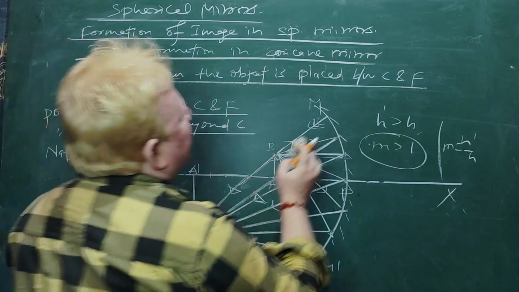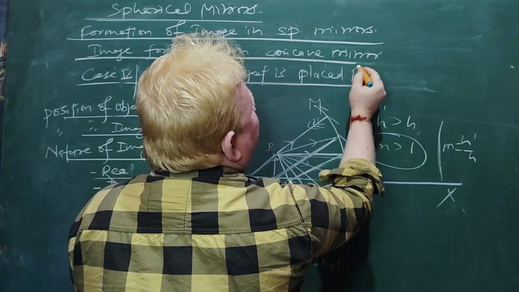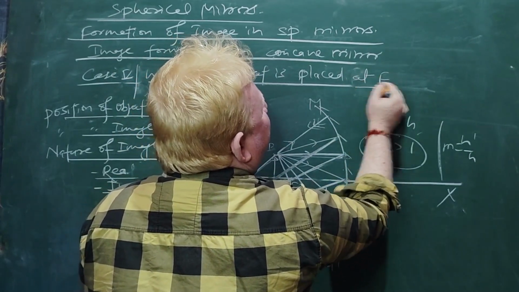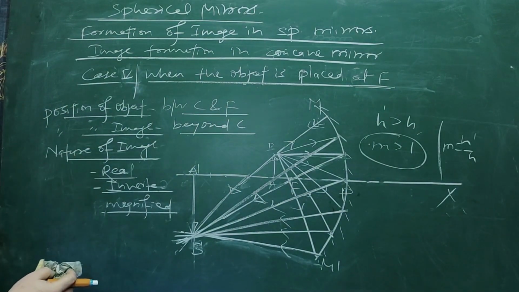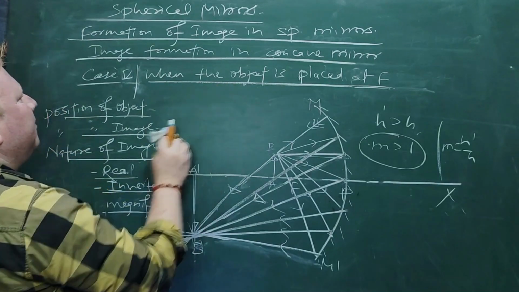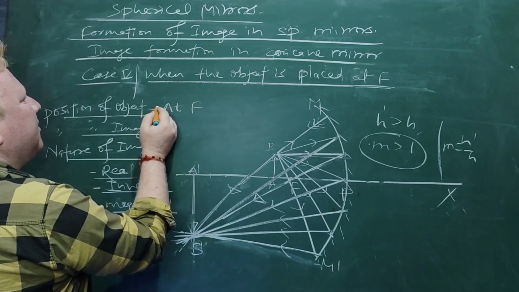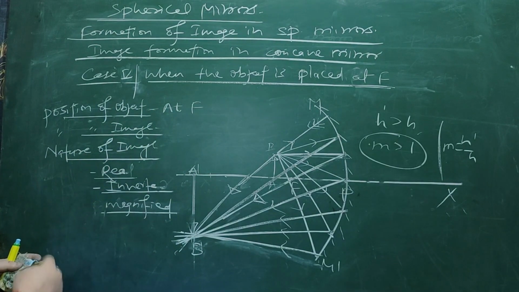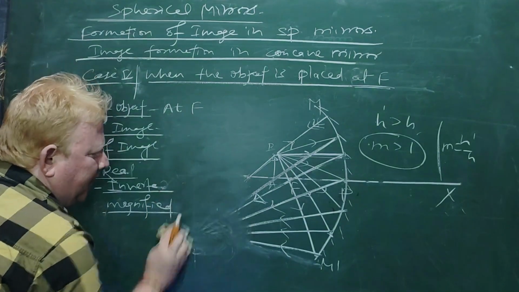So when the object is placed at focus, I am leaving this as it is, and I am rubbing this only. At focus, let us see what is the position of image, and let us see what is the nature. So for that I am rubbing this diagram.